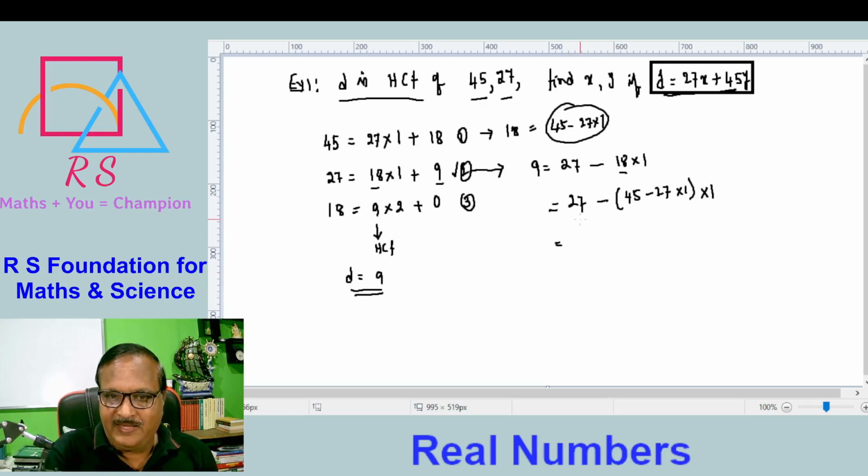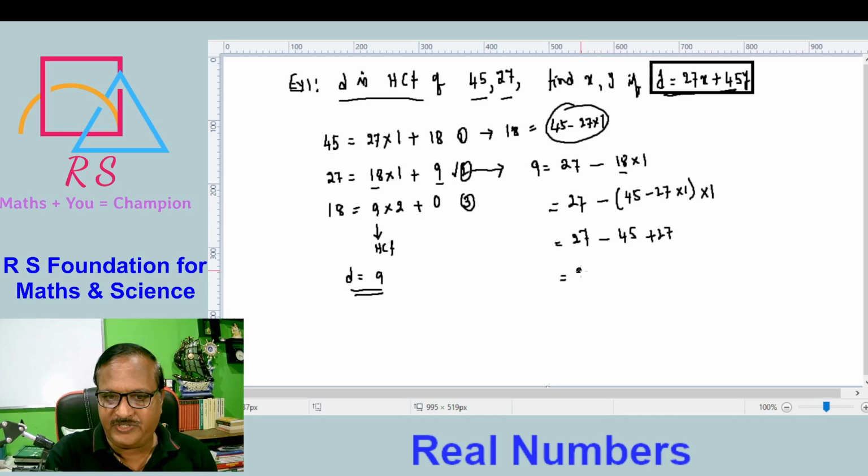So now in this equation we have 27, 45 and 9. This is elimination, so minus 45, minus into minus, 27 into 1, 27 only. So minus into minus is plus 27. Into 1 is the same value.